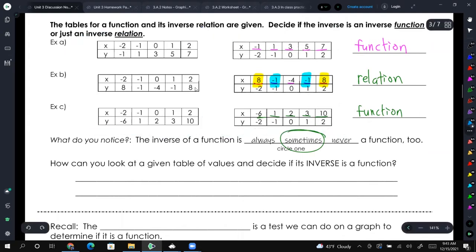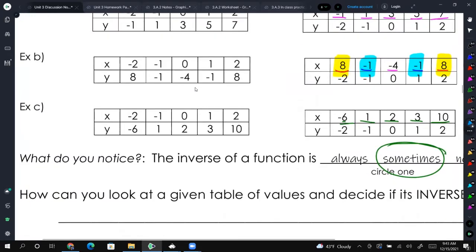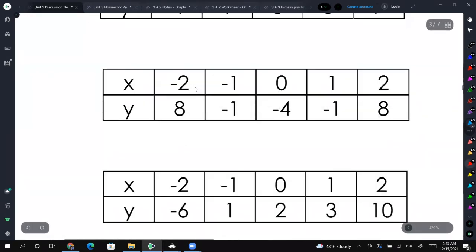And that answer is yes, we can. Because remember, an inverse is when we switch the x and y's. So if we look at this table right here, we see that we have repeated y values, 8 and 8, and -1 and -1.